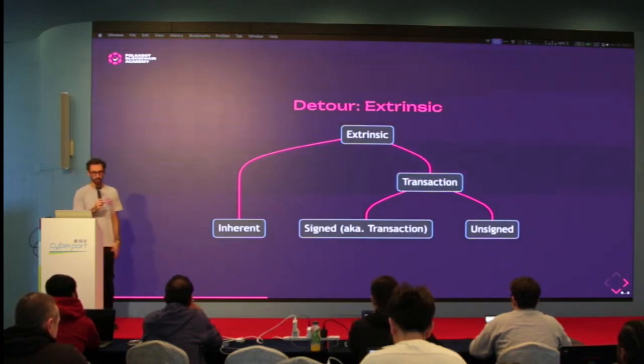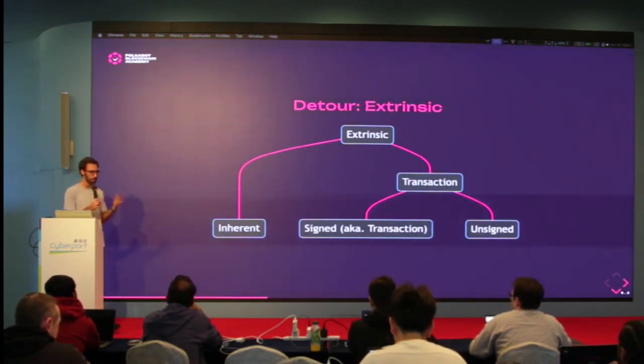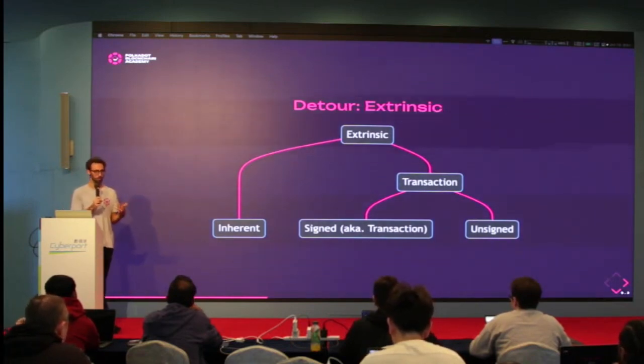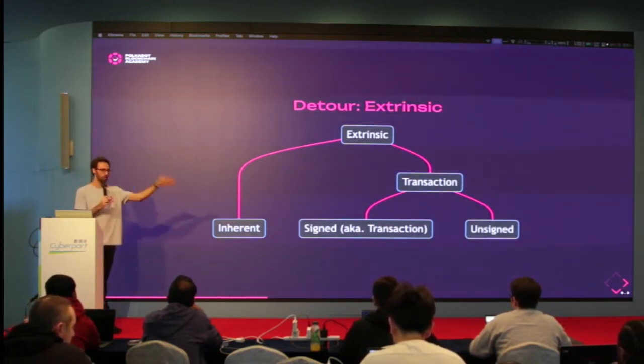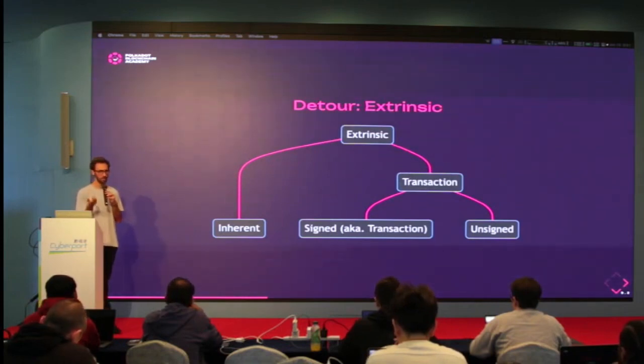So I'll start with inherents. Inherents are one of the more novel things in Substrate that you don't typically see in other systems. They are pieces of data that are put into the block by whoever authored the block, and other validators, by importing and accepting that block, just accept that it is true. One example of this is a timestamp.